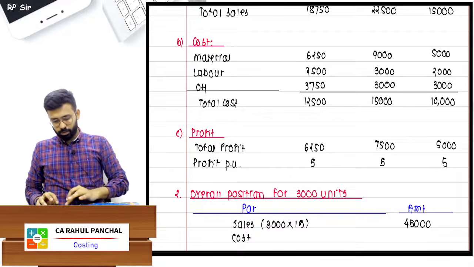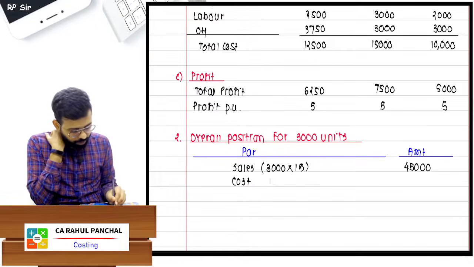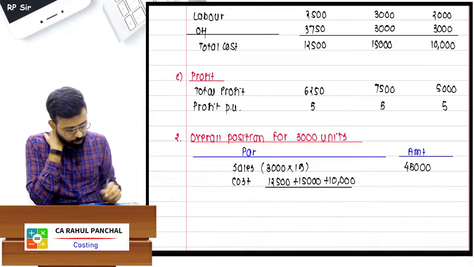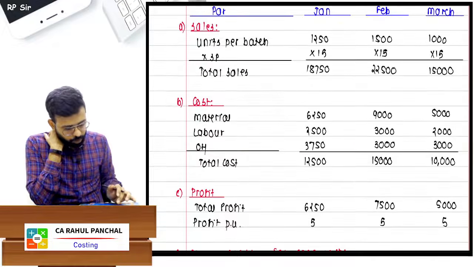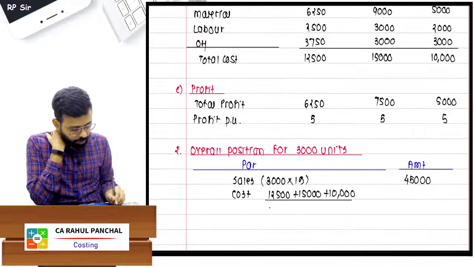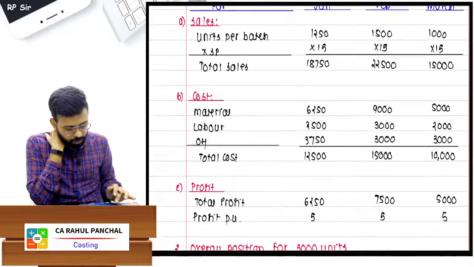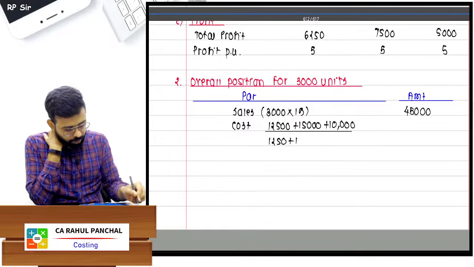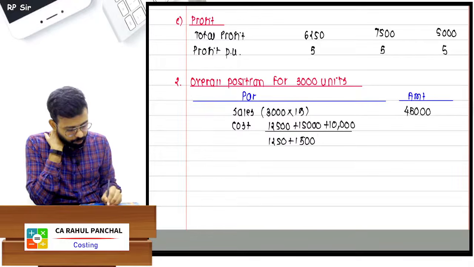See, when you see this 12,500 plus 15,000 plus 10,000, this is the cost for how many units? 1250 plus 1500 plus 1000. I need cost for 3000 units.